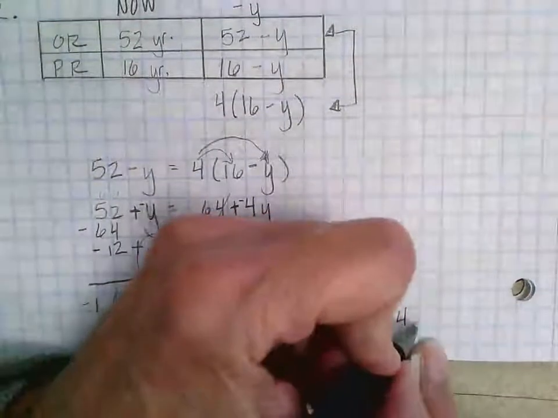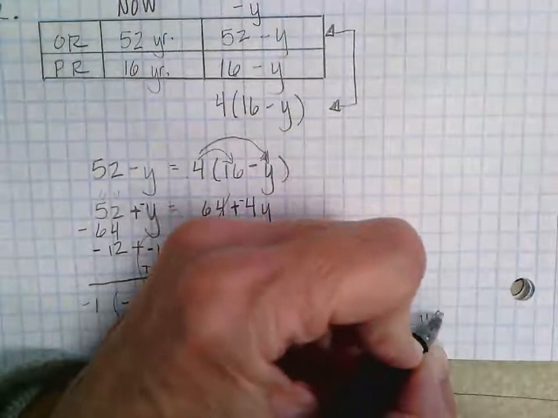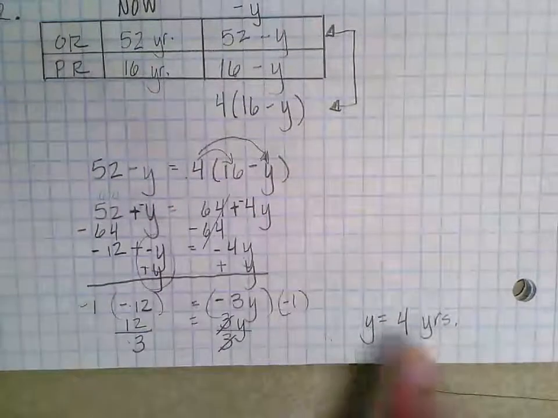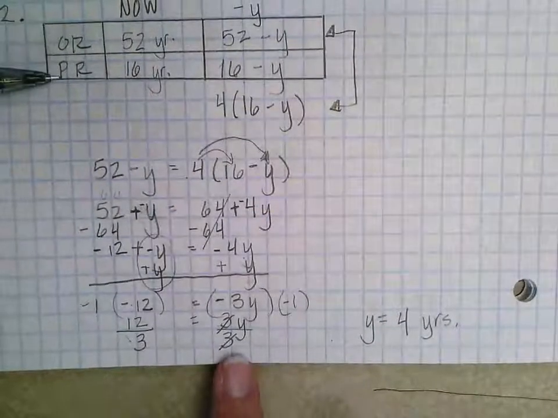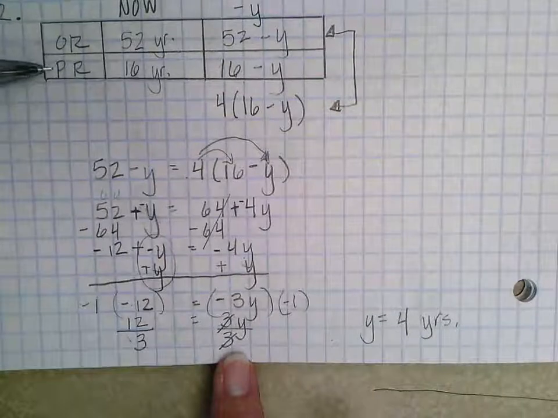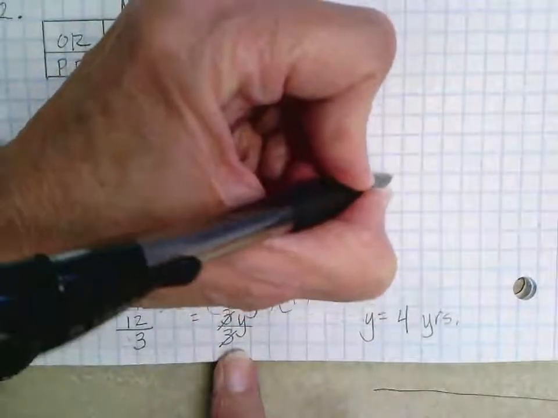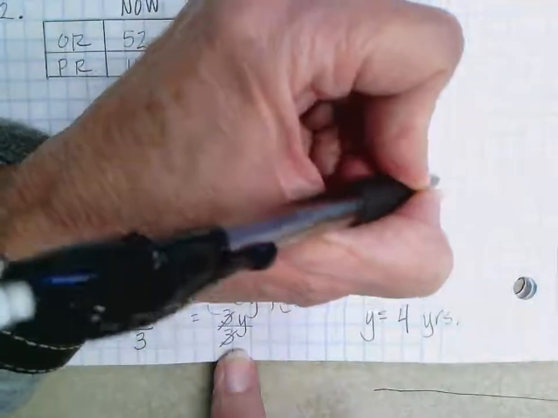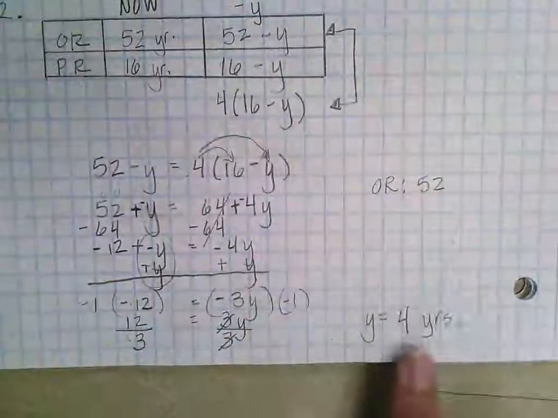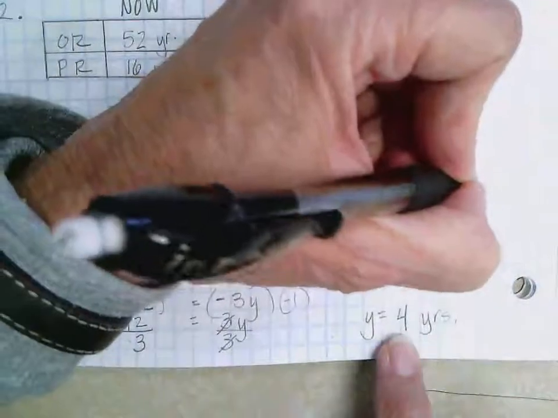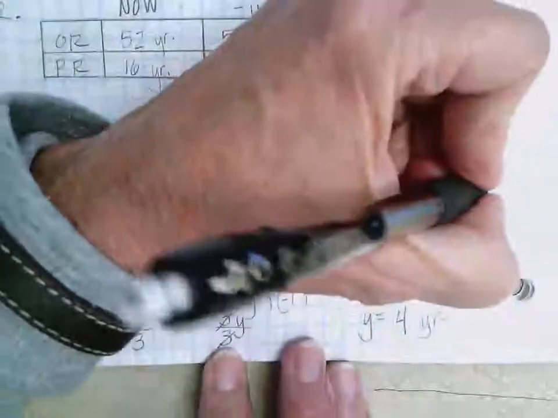So that means that 4 years ago, this Oriental rug should have been 4 times as old as the Persian rug. So I'm going to take my Oriental rug and subtract 4 years. That gets me to 48.